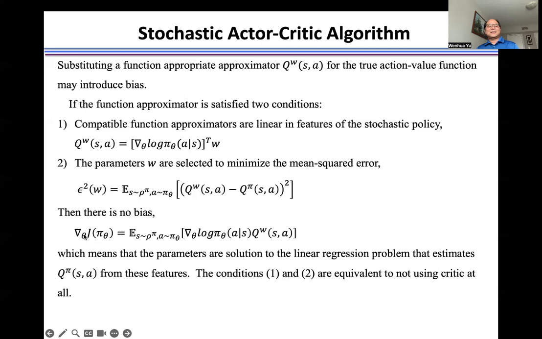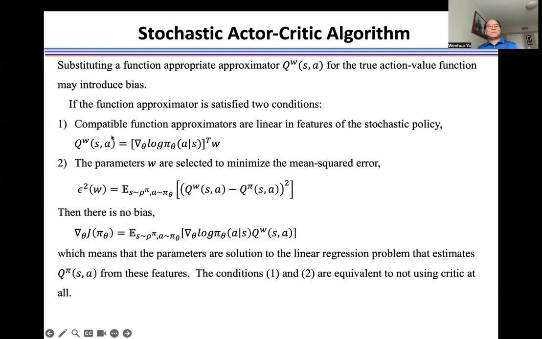In that case, when we use the approximator to replace the true Q value function, we don't have the bias. Without the bias, it means the distribution of Q_w has the same mean as the true Q pi value function distribution.